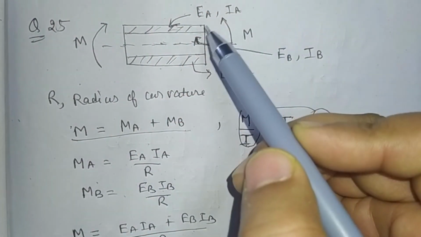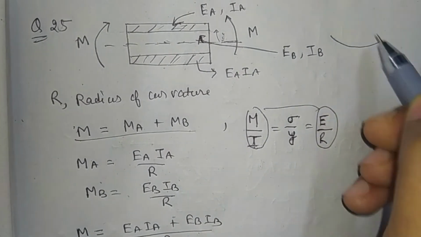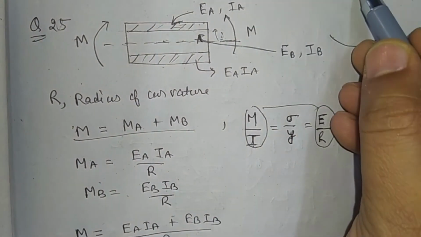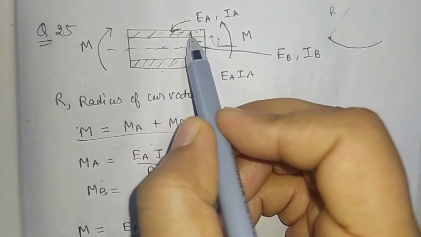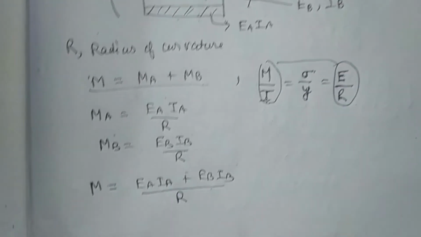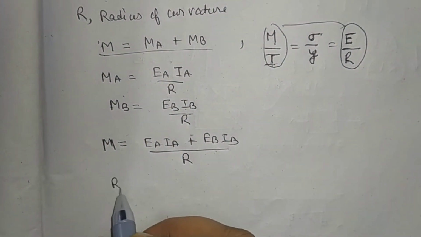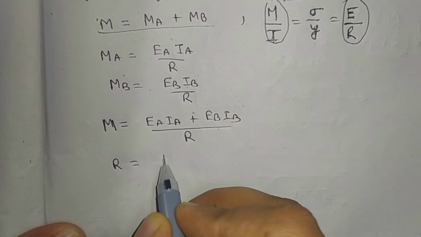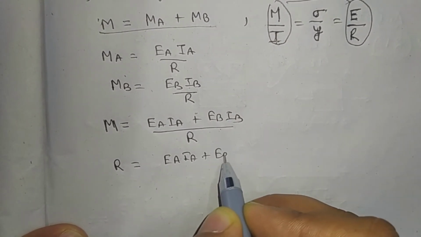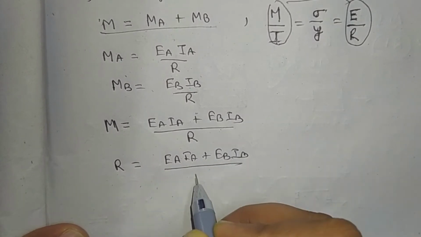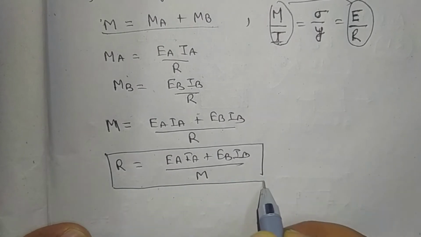If it is bending like this, then both materials have the same radius of curvature, this material and also this material. So R remains constant, and we can find our radius of curvature R equal to EA IA plus EB IB by M. So this is the correct answer.